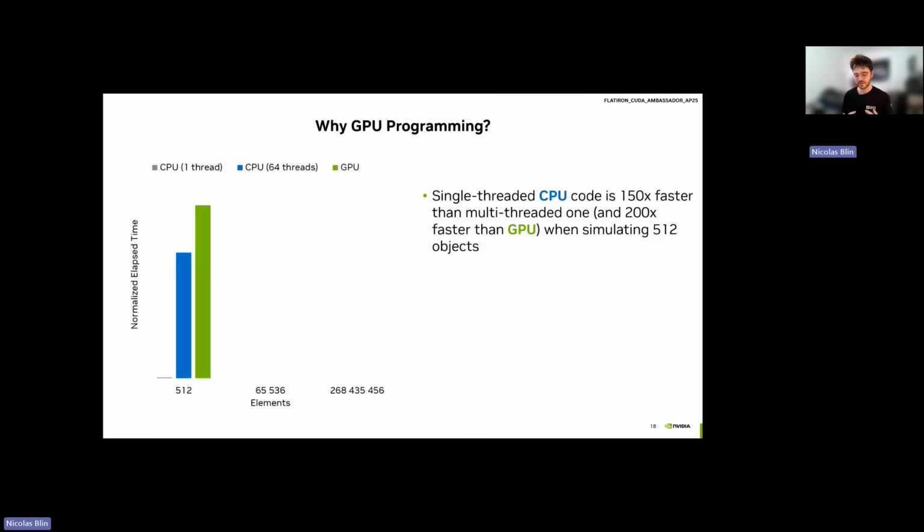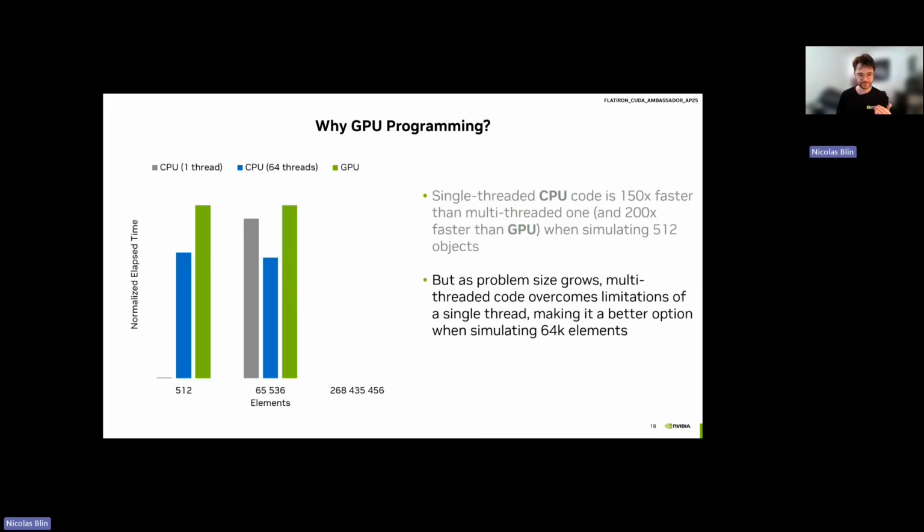That's because usually when you want to use many threads on a CPU, it adds a lot of overhead. The same goes for the GPU. The GPU has some overhead to create the data, move the data around, etc. And again, the GPU has more latency. So with only 512 cups, a single-threaded CPU is more efficient than a multi-threaded CPU and a GPU.